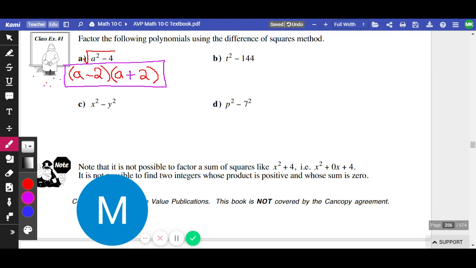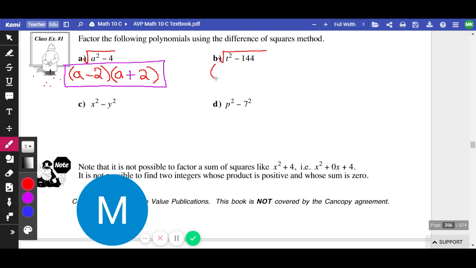So if you look at B over here, I have a binomial. I need to check to see if it's a subtraction. It is a subtraction. I need to check to see if I can square root everything. I can square root t squared. I can square root 144. That might not be one you have memorized, but if you try it, it does work. Square root 144 equals 12. This is a difference of squares. That means I can square root the entire question.